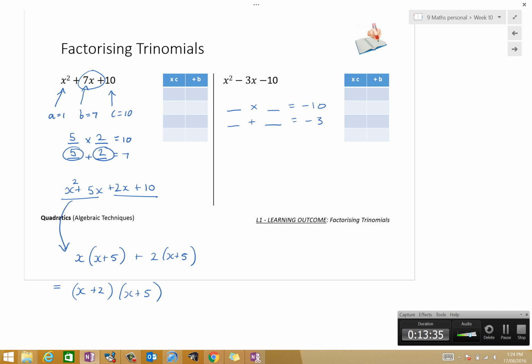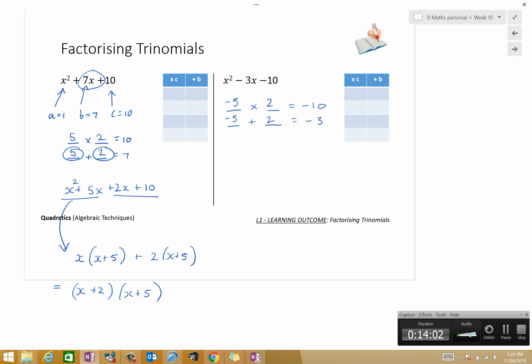Yeah? Okay, so what are my two numbers? Negative 5 and 2. Negative 5 times positive 2 is negative 10. Yes, that is correct. And therefore, negative 5 plus 2 is negative 3. Yes, we're right.